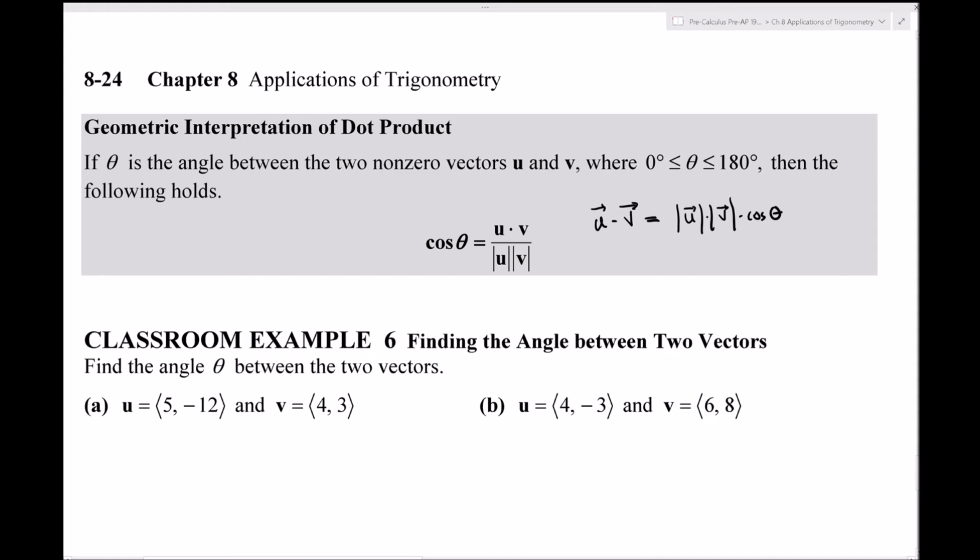So the dot product really is a way to multiply two vectors this way. You take the lengths of those vectors and multiply them, but you're also going to scale it by the cosine of the angle. So where does that come from?